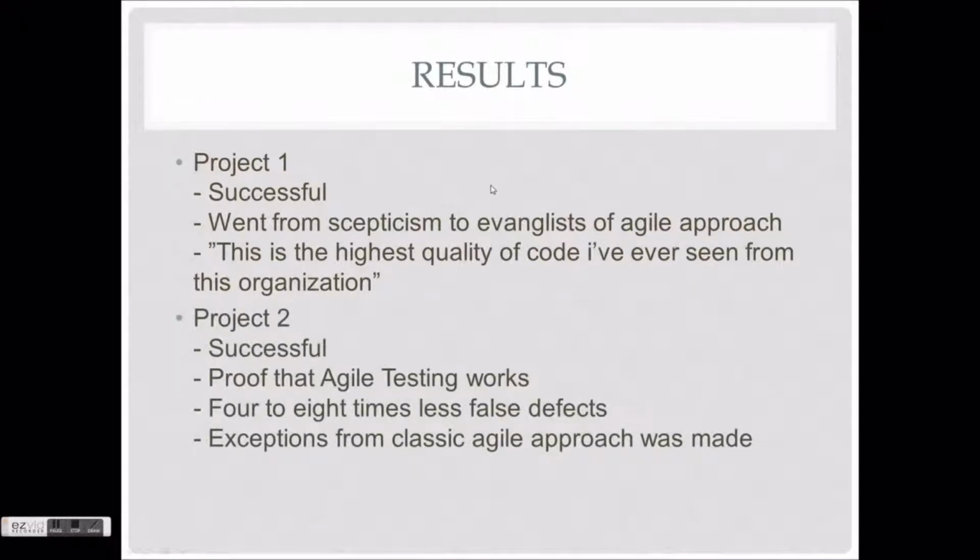The second project was of course also successful. In fact, the whole article was about how successful Agile testing was. The writer describes this as proof that Agile testing works.